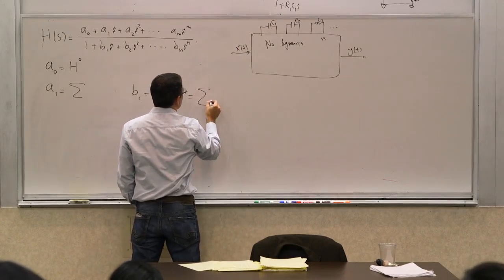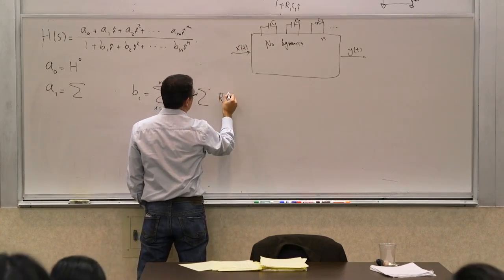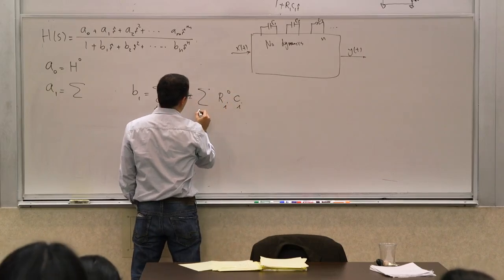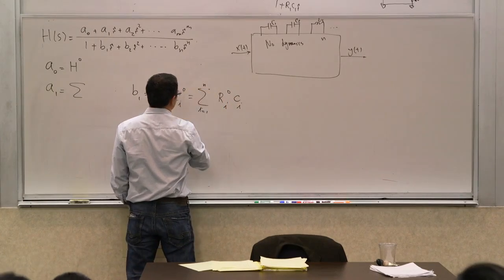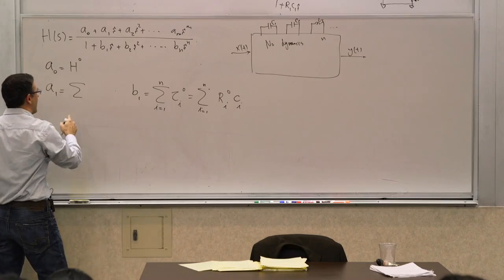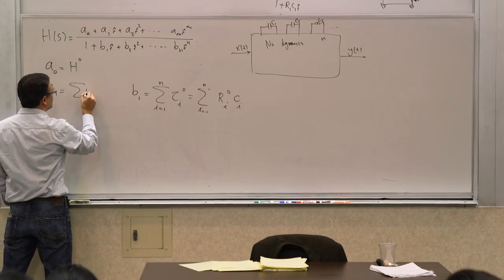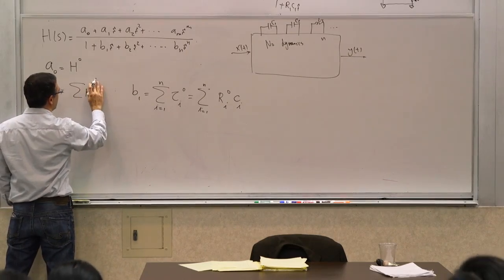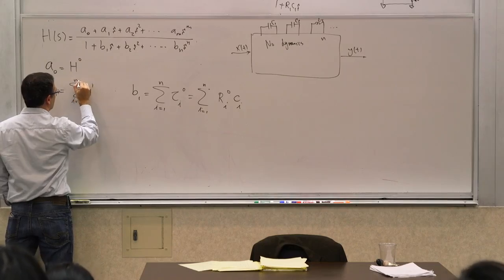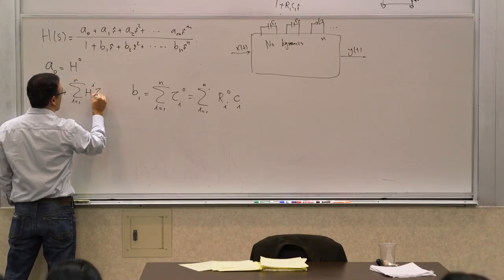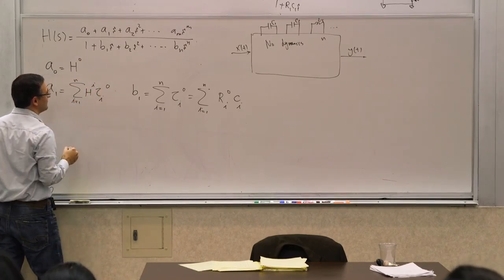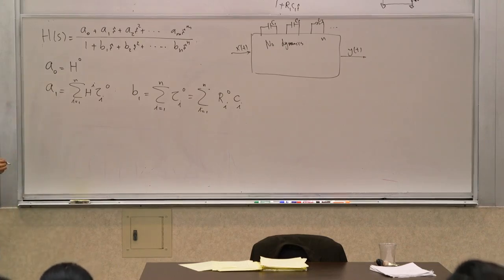So you can write it as sigma Ri0 Ci for i equals 1 to n. And now A naughts are essentially Hi times tau i zeros, so it's a weighted sum of these.